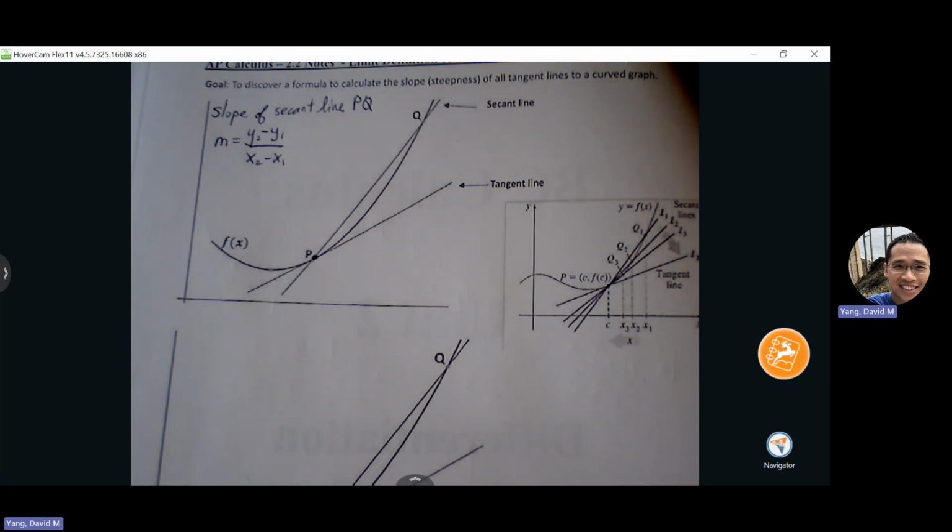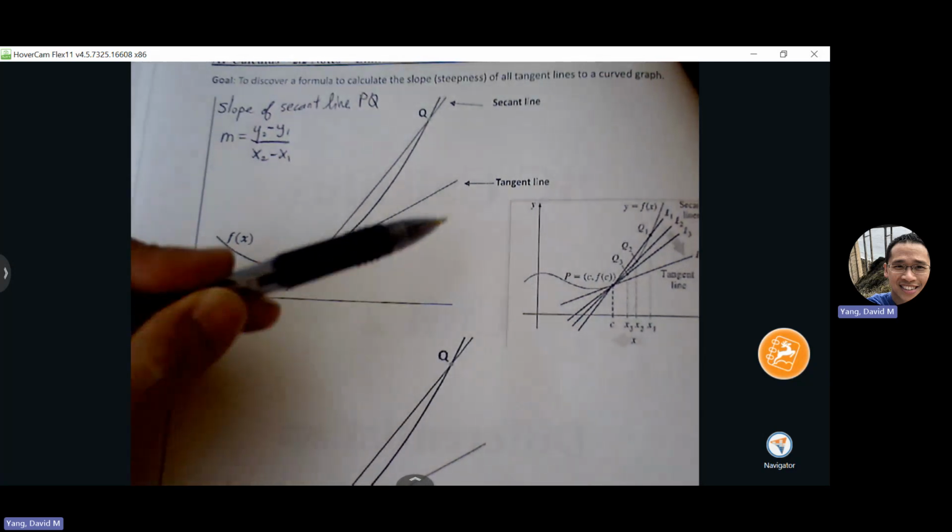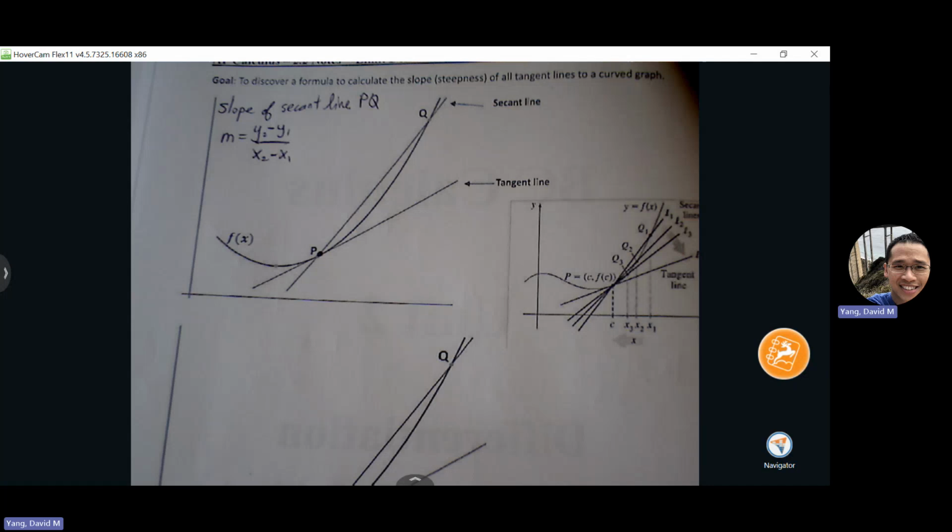That will guide me to figure out what the slope of the tangent line is. So we're going to start off with the slope of a secant line, but we're going to use the limit notation to help us decrease the distance between the 2 points until there's virtually no distance between them. And then we get it down to just one single point. Okay, so that's the big picture here.